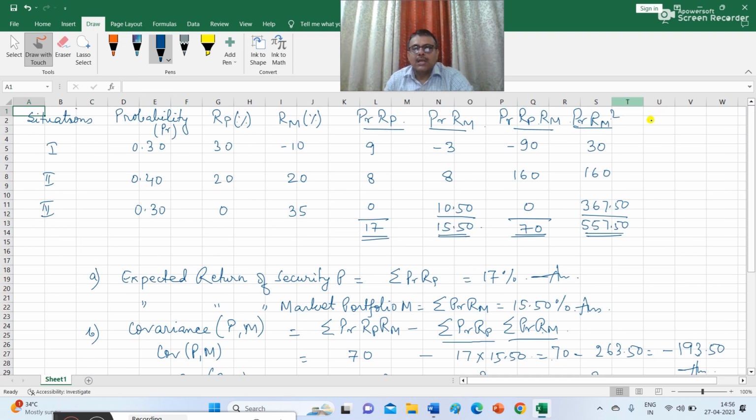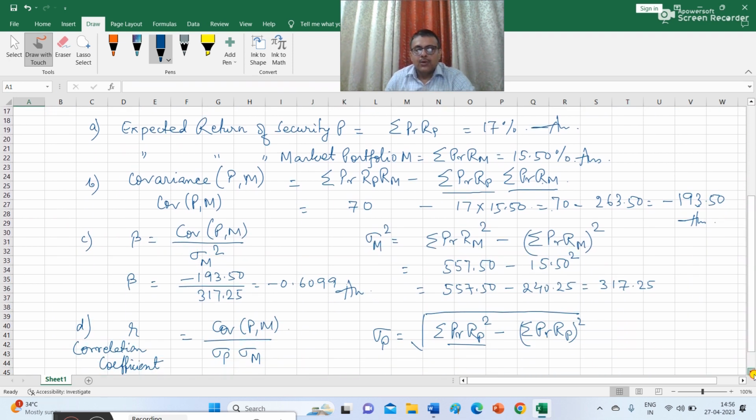So in this last column, I am preparing PR and RP square. So you need to calculate the square of RP. So 900 into 0.9 is 270. 20 square is 400. 400 multiplied with 0.4 is 160. And this will be 0. So the sum total of these three is 430.